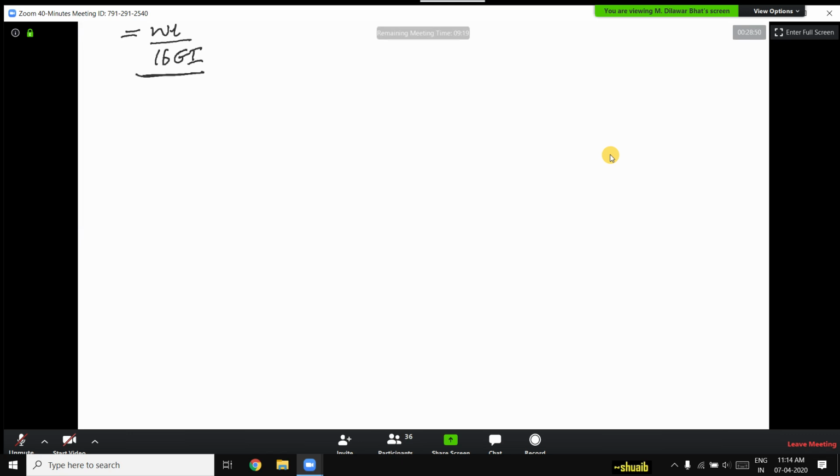Now, if you have to calculate the moment, because ultimately we have to calculate the bending moment, let's say we are calculating the moment about A. Now, how much will be the moment about A? Simple. Load is simply WL square by 16 EI.